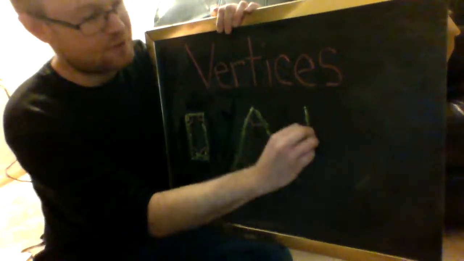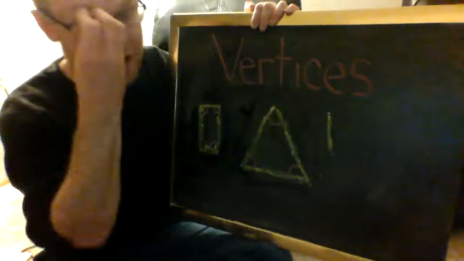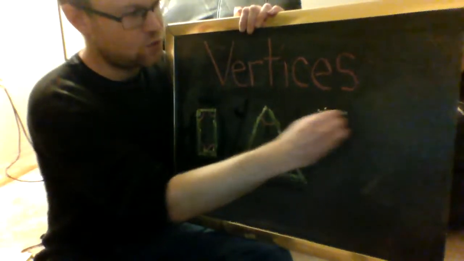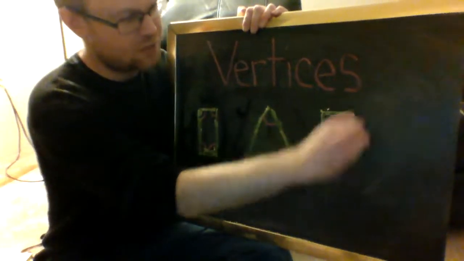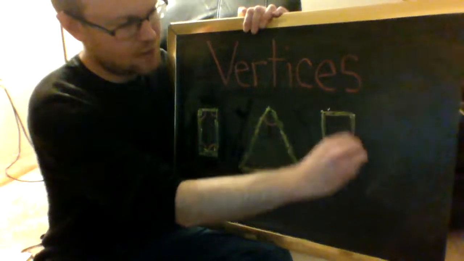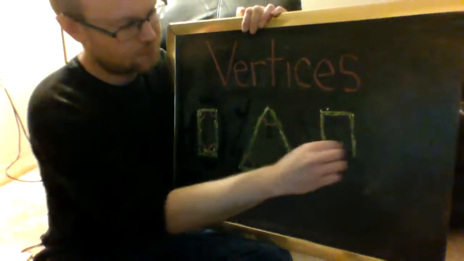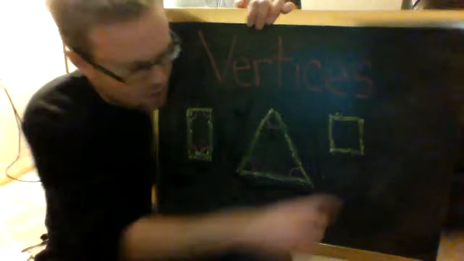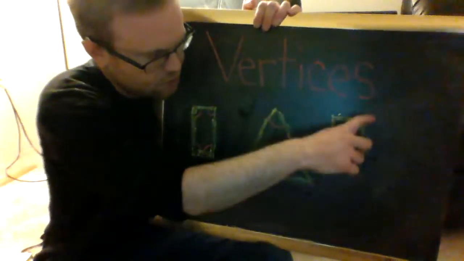And since I don't have a ruler, I don't know if my square is going to have all the sides be the same length, but I'm going to try my best. Does it look like all of these sides are the same length?